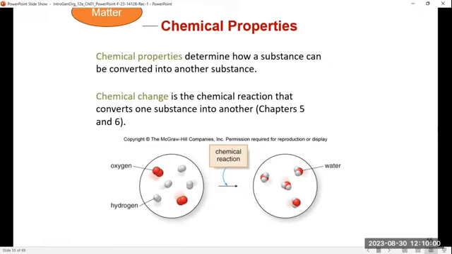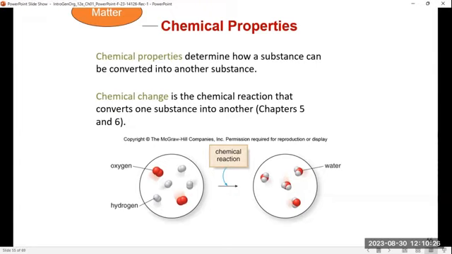That's the chemical change. For example, in the picture, red balls are oxygen molecules O2 with hydrogen H2 produce water. That's the chemical change. So physical change and chemical change are easy to understand.